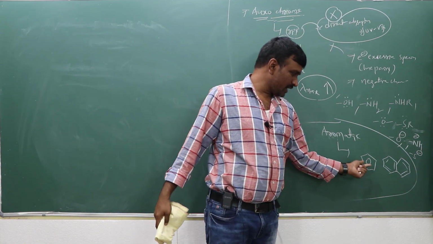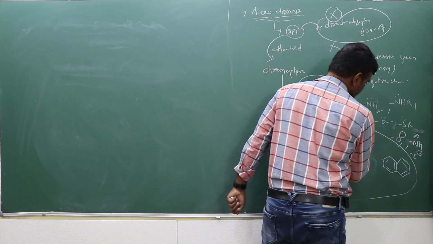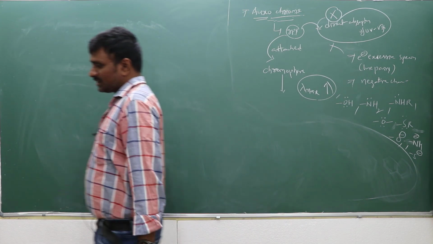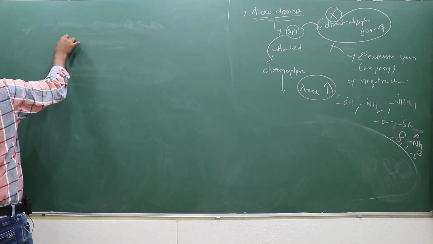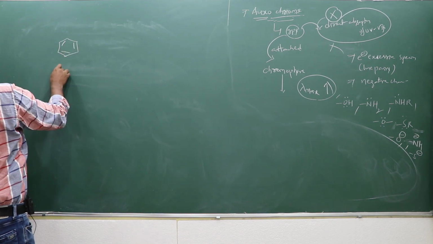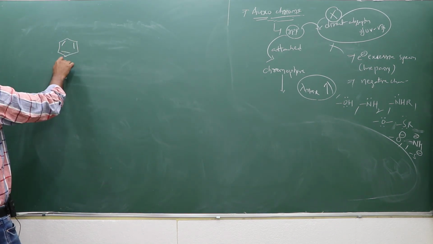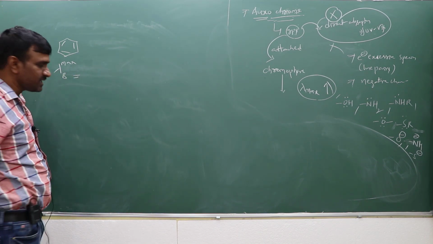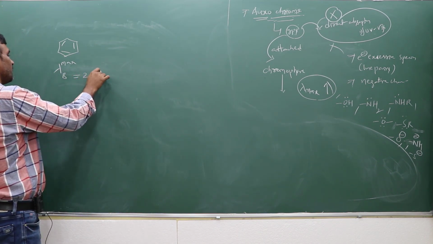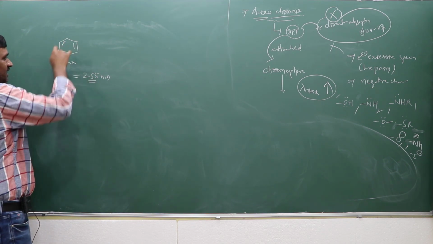I mentioned that benzene is an aromatic chromophore. In this benzene, the lambda maximum of the benzenoid band, the B band, is 255 nanometers. It is a chromophore.